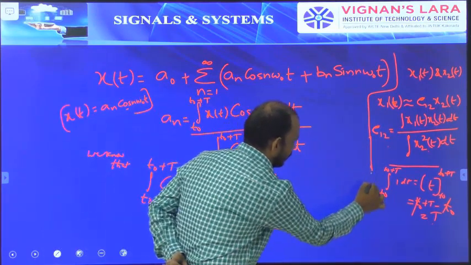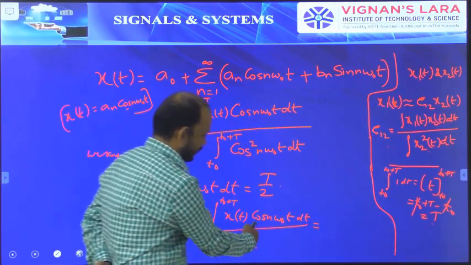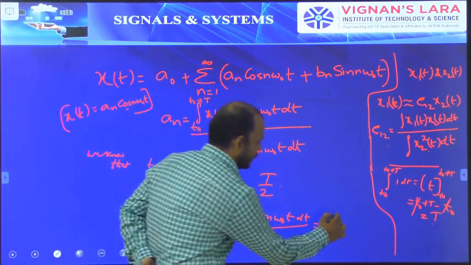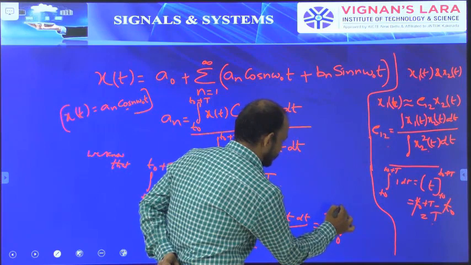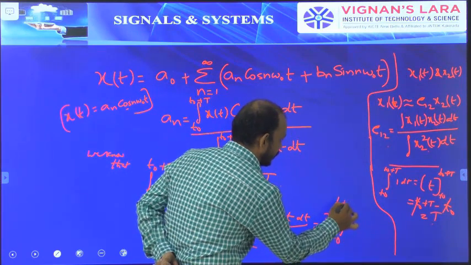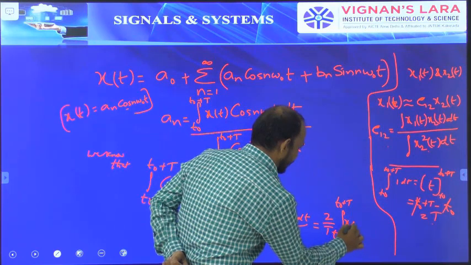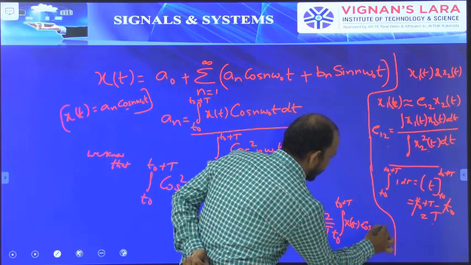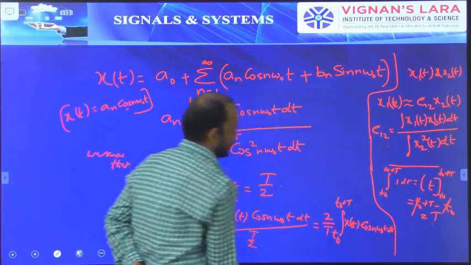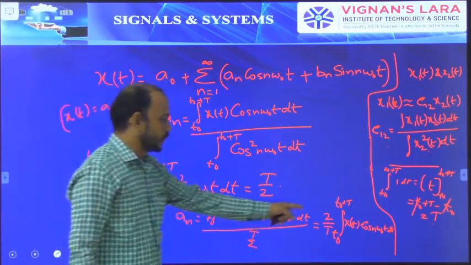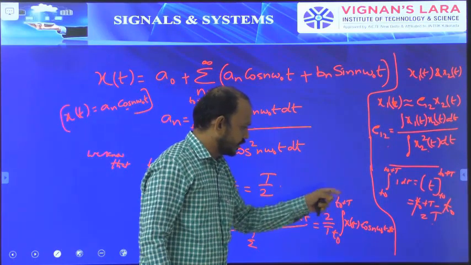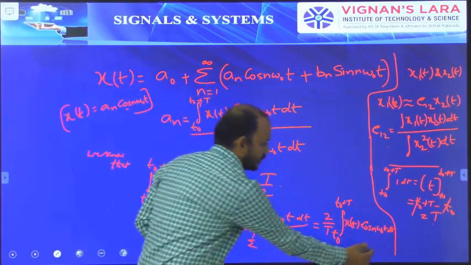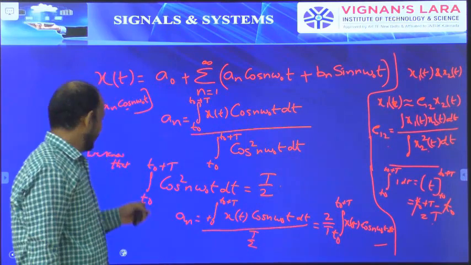So that is finally equal to, if we take it upside, 2 by T integral t naught to t naught plus capital T of x of t cos n omega naught t dt. So this is the value of a n. So a n will be equal to 2 by T integral t naught to t naught plus capital T of x of t cos n omega naught t dt. So this is the equation for a n.